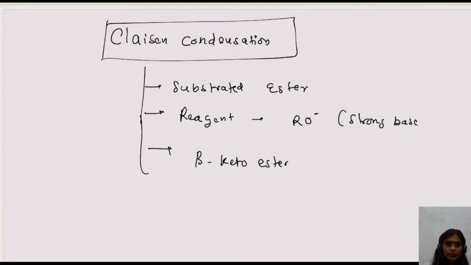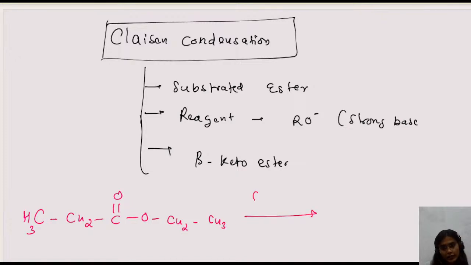So let me just write the general reaction for you. We require an ester, CH3CH2COOCH2CH3, and we use a base, CH3CH2O negative, which is a very strong base, as step number one.